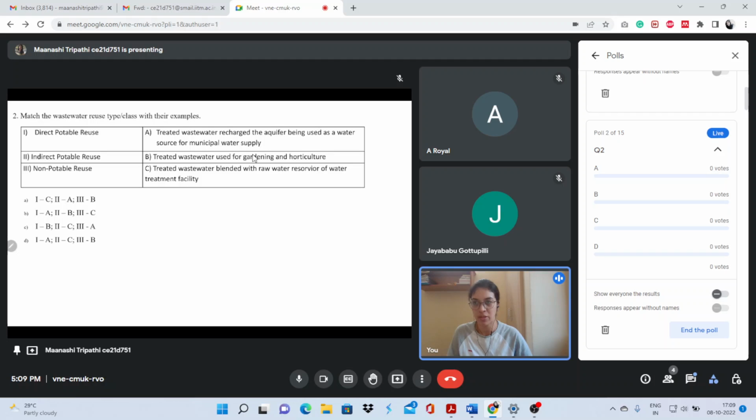You can match 1, 2, 3 with A, B, C. Please try to solve this question, and you can answer in the chat box as well as polls.